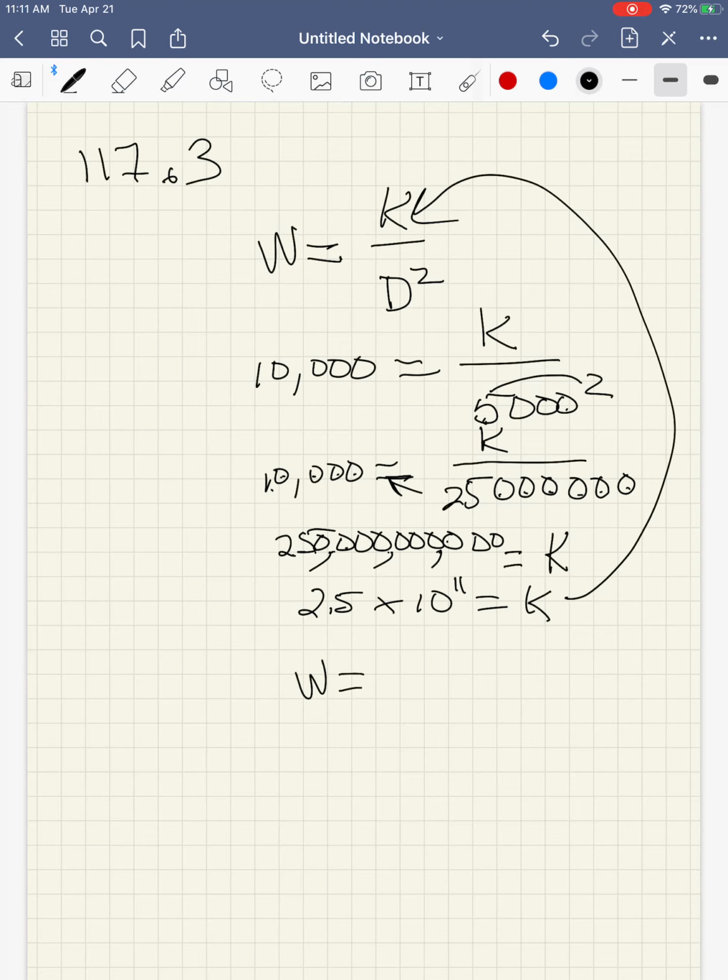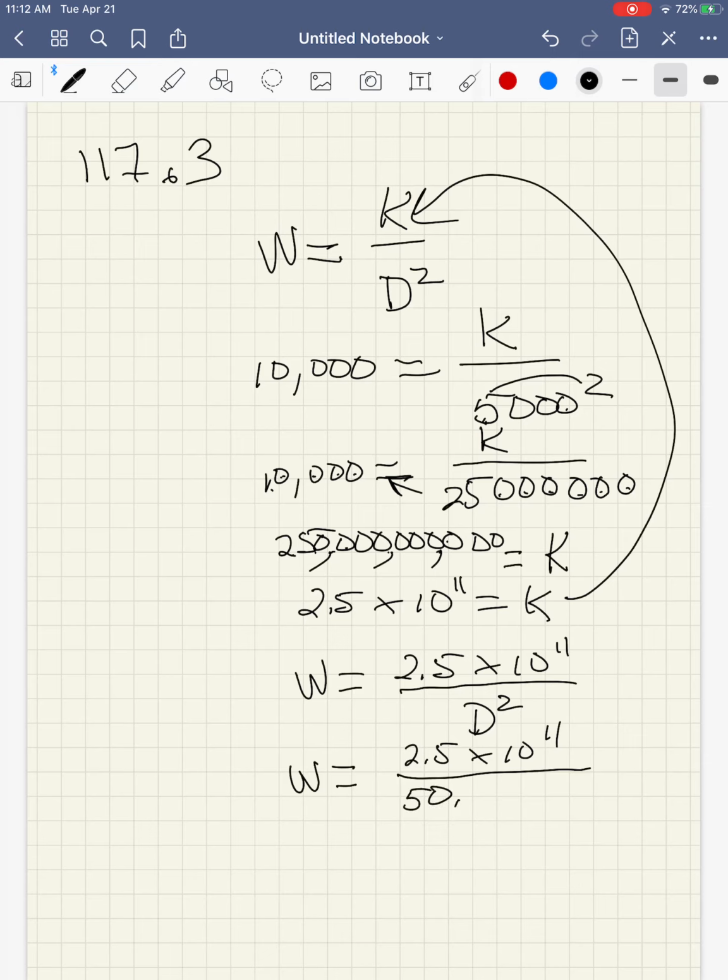So W equals 2.5 times 10 to the 11th over D squared. Now we'll see what else they want. How much would it weigh? So we're looking for W. 50,000 miles from the center of the earth. So 2.5 times 10 to the 11th over 50,000 squared.